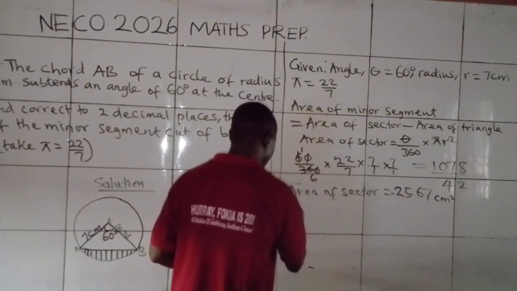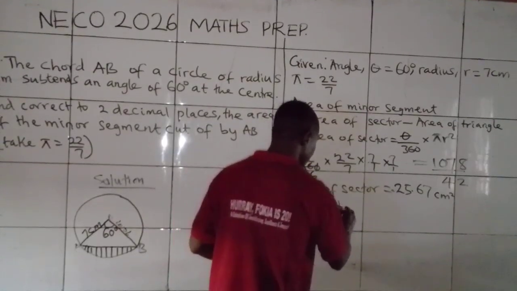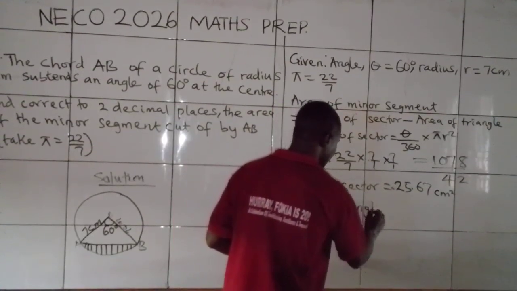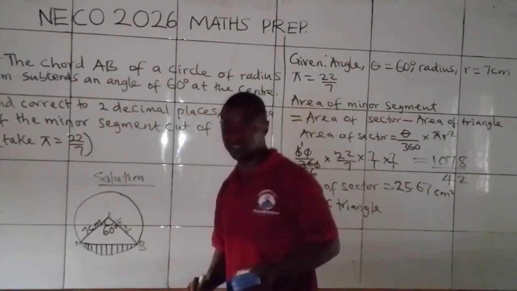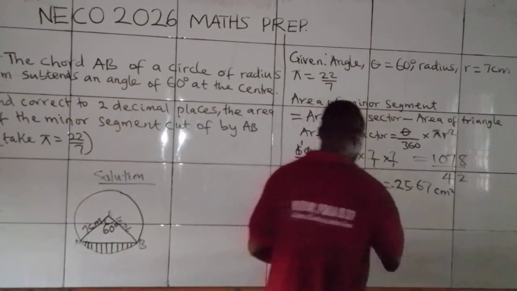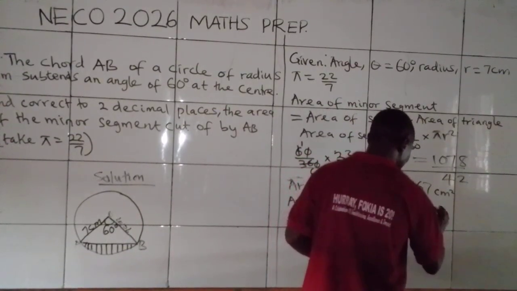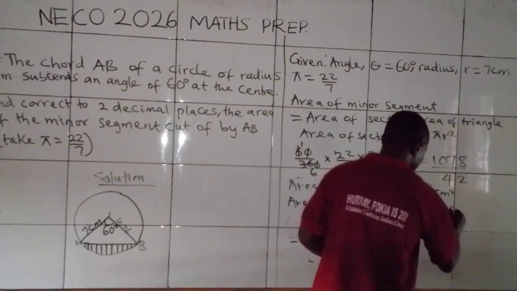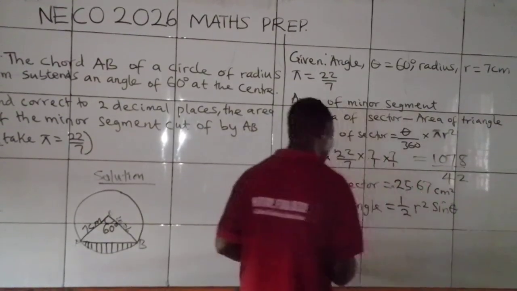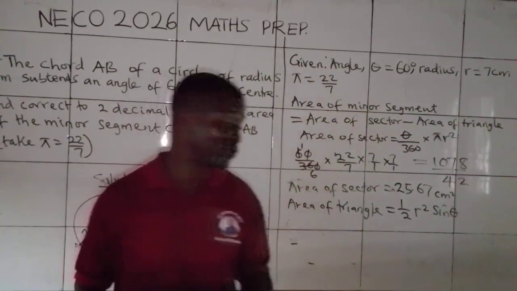Now, for area of triangle. For area of triangle, because the triangle is an equilateral triangle, the area of triangle is given as half r squared sine theta. Our r is equal to 7.